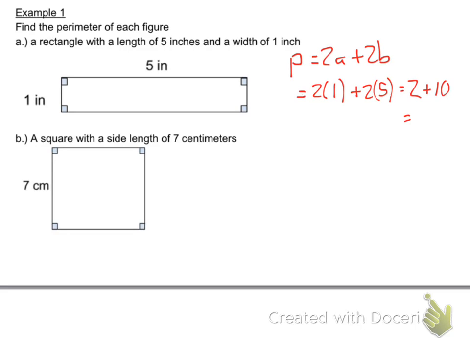And so it equals 12 what? Inches. Is it inches? Inches squared, inches cubed? It's just inches because it's a distance, and distance is units, not units squared. Units squared comes in when we find the area. Units cubed would be volume. Next one.